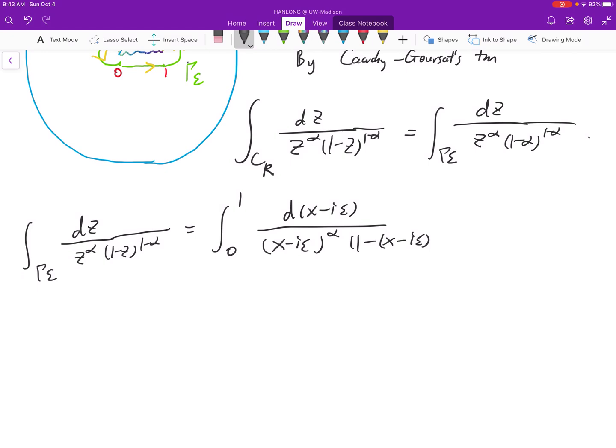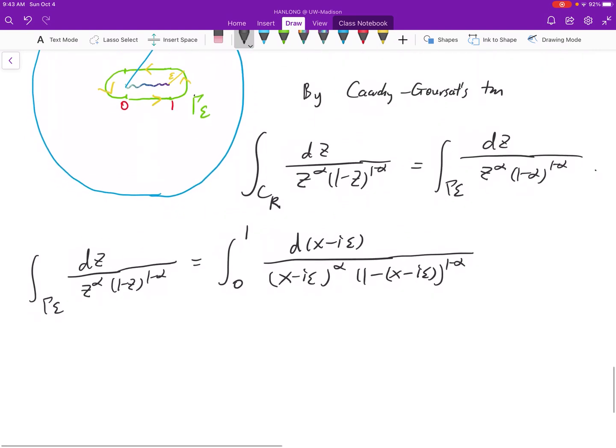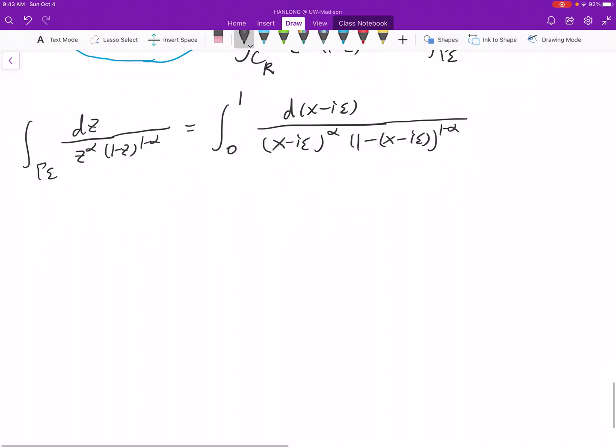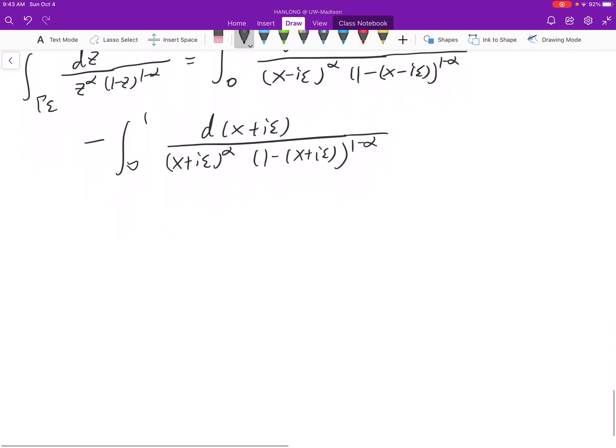You replace z by x minus i epsilon. And for the horizontal line above, you reverse the orientation. So minus the integral from 0 to 1, z is x plus i epsilon, to the alpha, 1 minus x plus i epsilon to the 1 minus alpha.